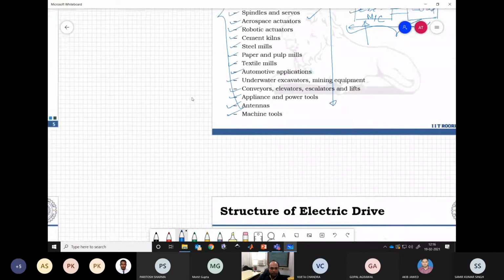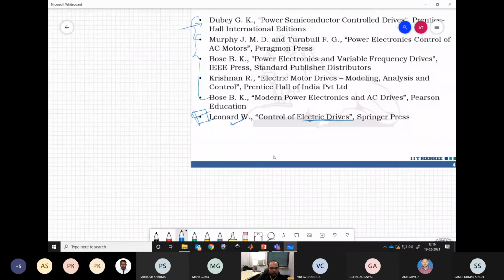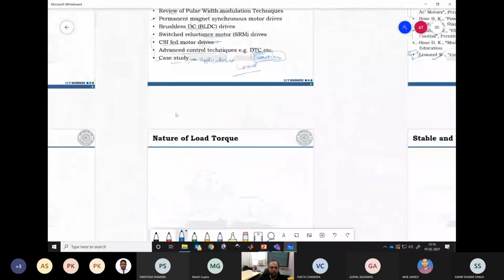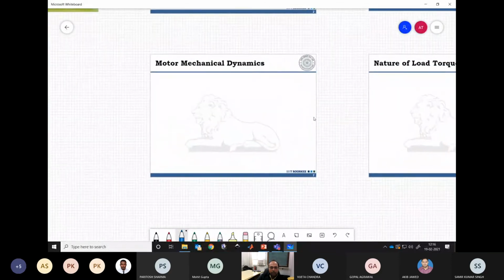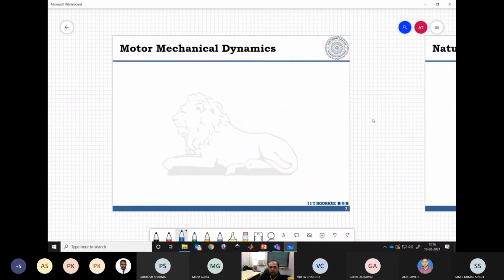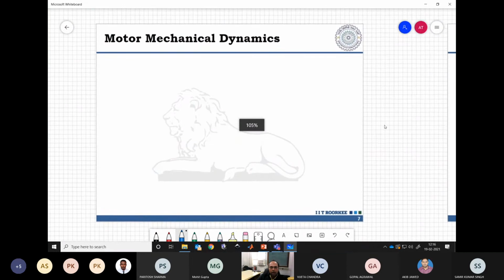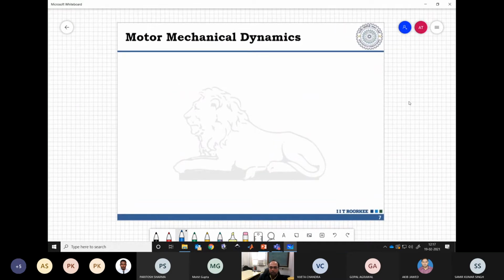Now with this background, let us understand some basics about the dynamics of the mechanical system, because this is what we are going to deal with in a larger part of our course. First we should understand, when we talk about load, what is the meaning of load and what is the dynamics associated with it.